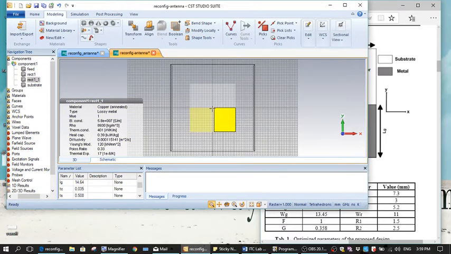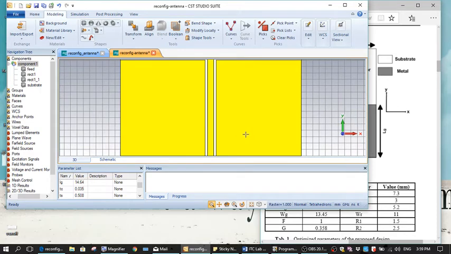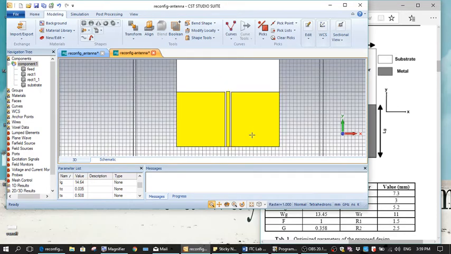Okay, press 5. Let's take a look. Now the distance is equivalent. So you see how we are changing the dimensions to design our antenna.